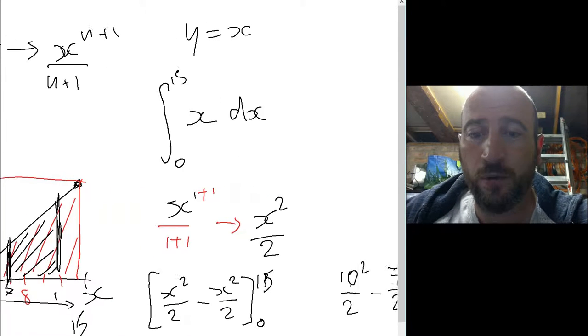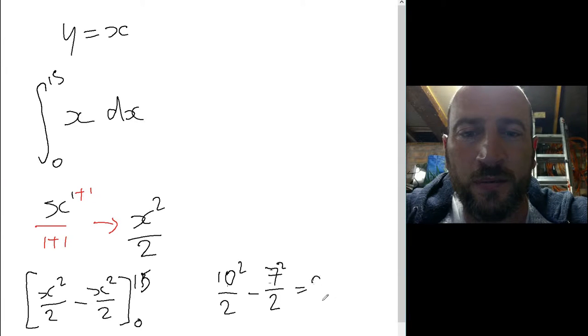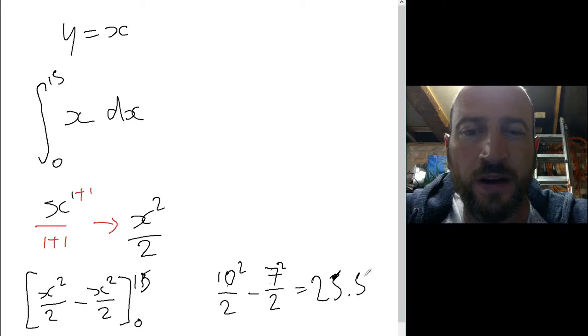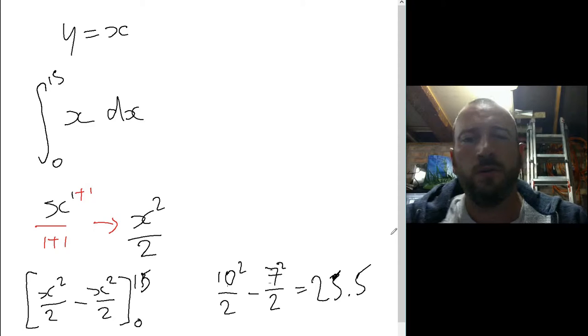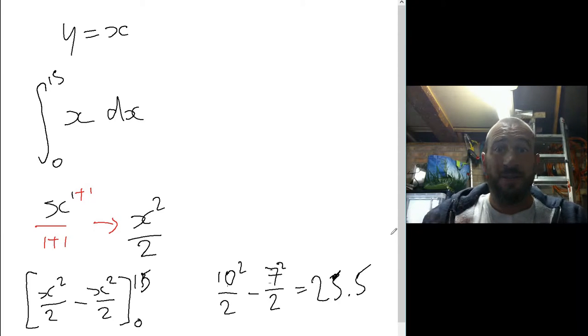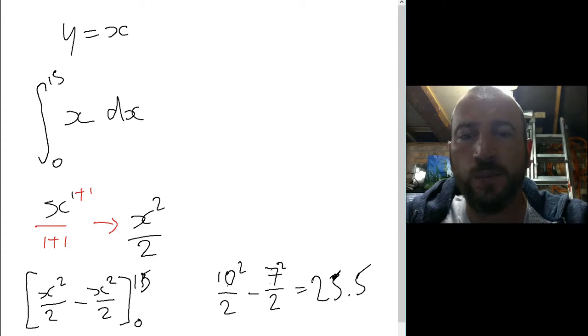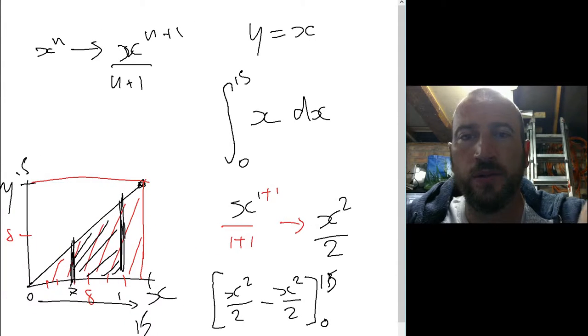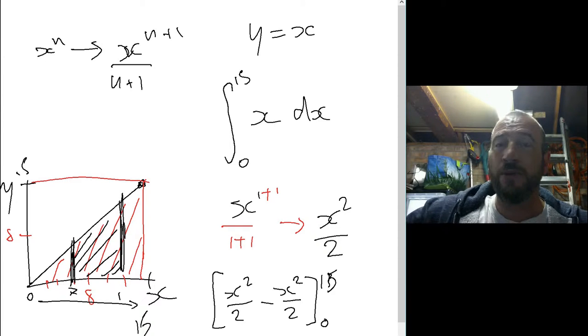Let's have a look at what we actually get. That's 25.5, the area within that distance. So we can use integration to find lots of different kinds of information just by knowing how to do this little bit. The next thing we need to be able to do is differentiation.